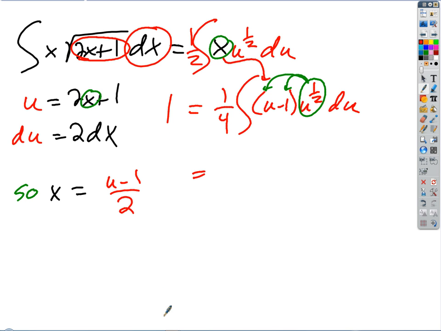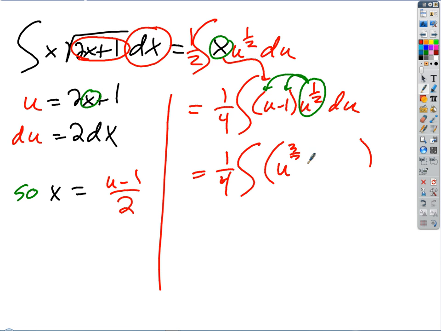So I get 1/4 times the integral of, what's u times u to the 1/2? U to the 1 times u to the 1/2, what do I do to the exponents? Add them. So that's just u to the 3/2, minus u to the 1/2 du. Now I'm able to integrate term by term.